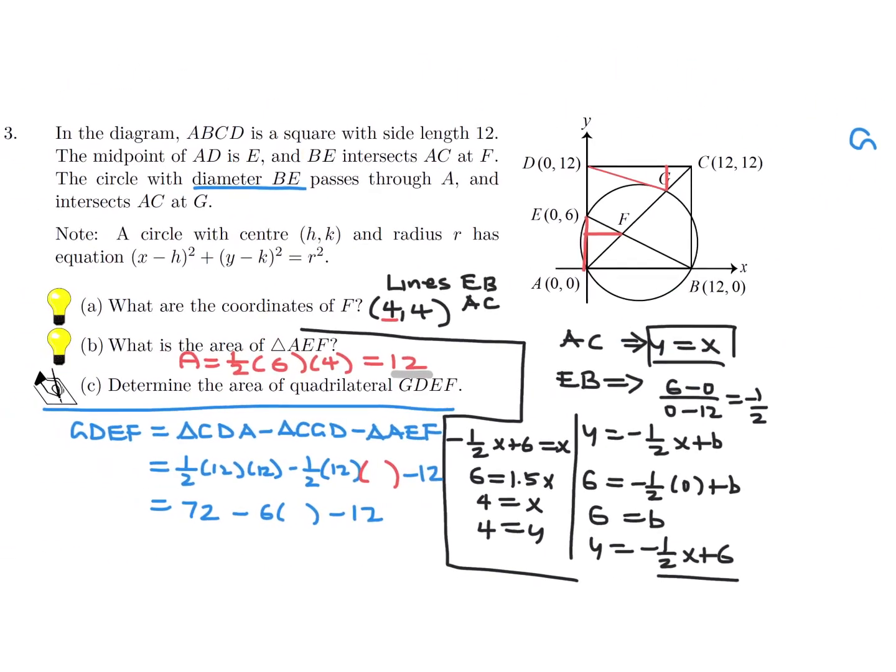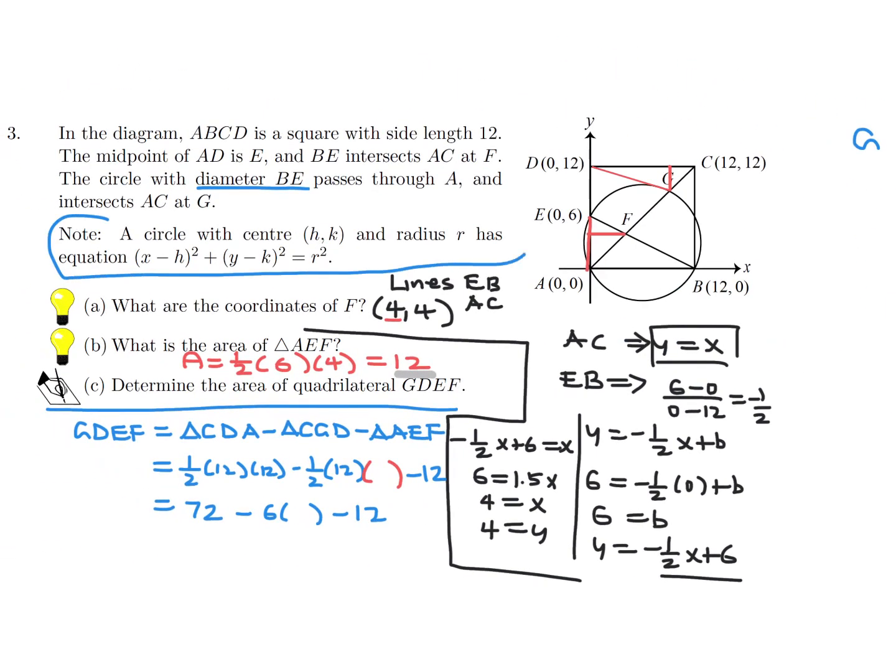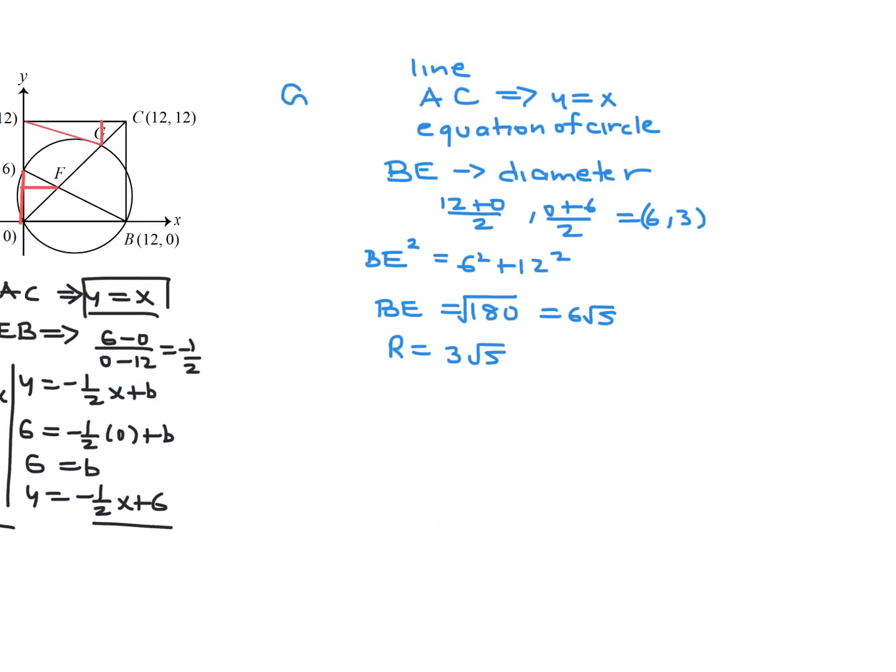And then they also gave us this nice little tip, just in case you had forgotten, that a circle with center (h, k) with radius r has that equation. So just apply that to what we just found out, and we will get the following equation: x minus 6 squared plus y minus 3 squared is equal to 45. R squared. So this guy squared, so it'll be 9 times 5.